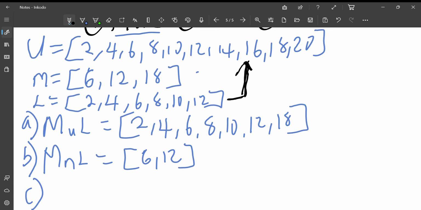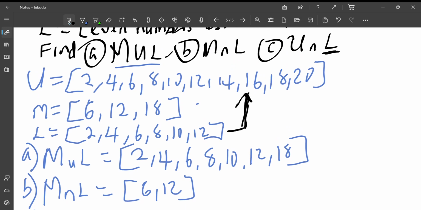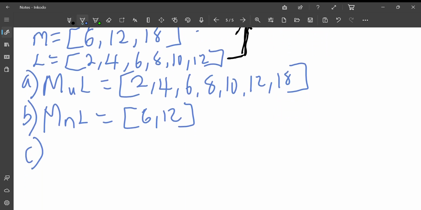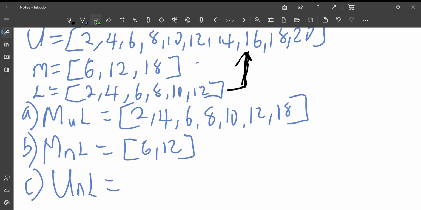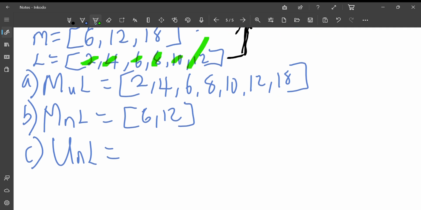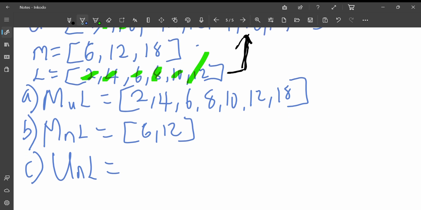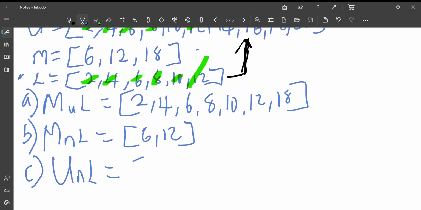Alright. So if you keep looking at both of them, you will notice that for U intersection L, what they both have in common, if you count them, you have 2 here, we also have 2 here, 4, 4, 6, 6, 8, 8, 10, 10, 12, 12. So it's basically the same thing as L alone.